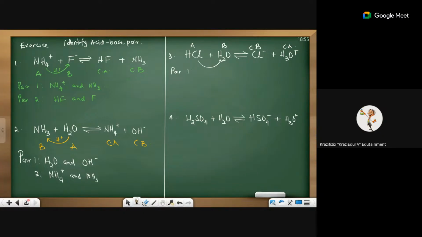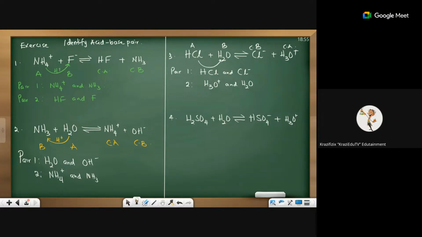Let's write the acid first. HCl and what? Cl minus. What about my second pair? Let's write the acid first. Ammonium ion. And what's the base? H2O. You would notice the difference between each of them is just H.